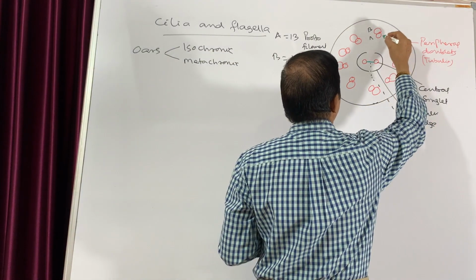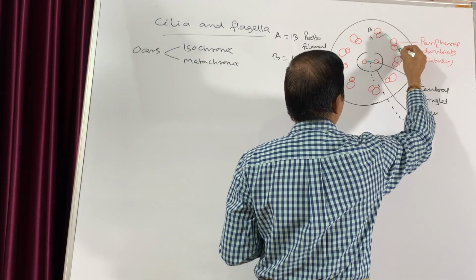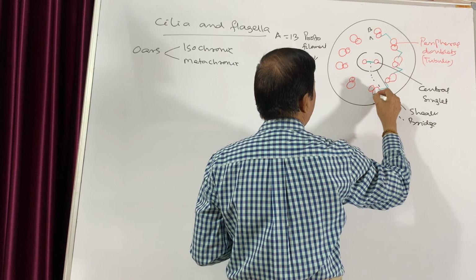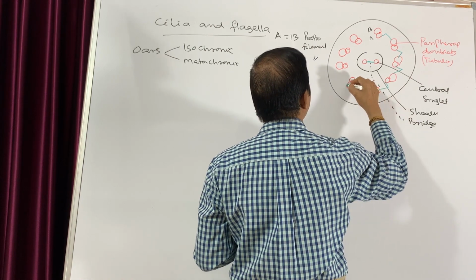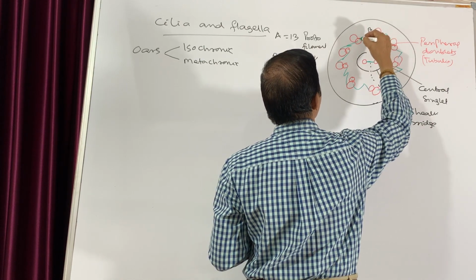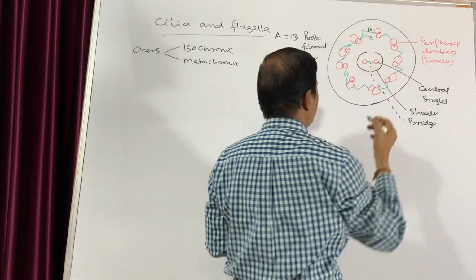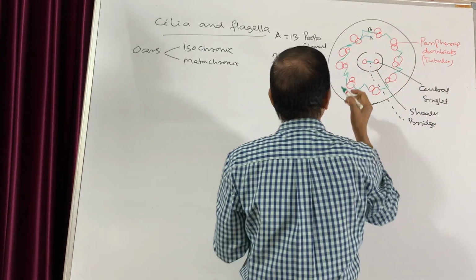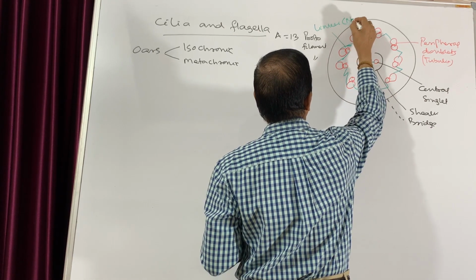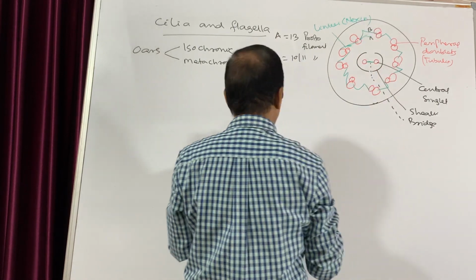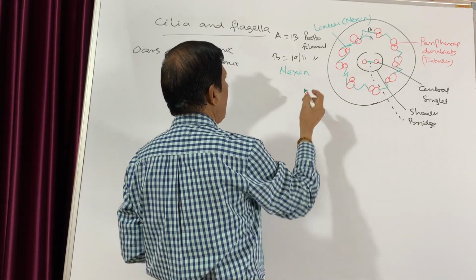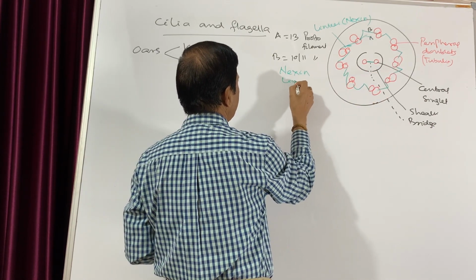This A is connected with the B, this A is connected with the B, likewise each A is connected with a B. These are known as linkers, and they are made of the protein nexin. So the first one is tubulin and this is nexin.